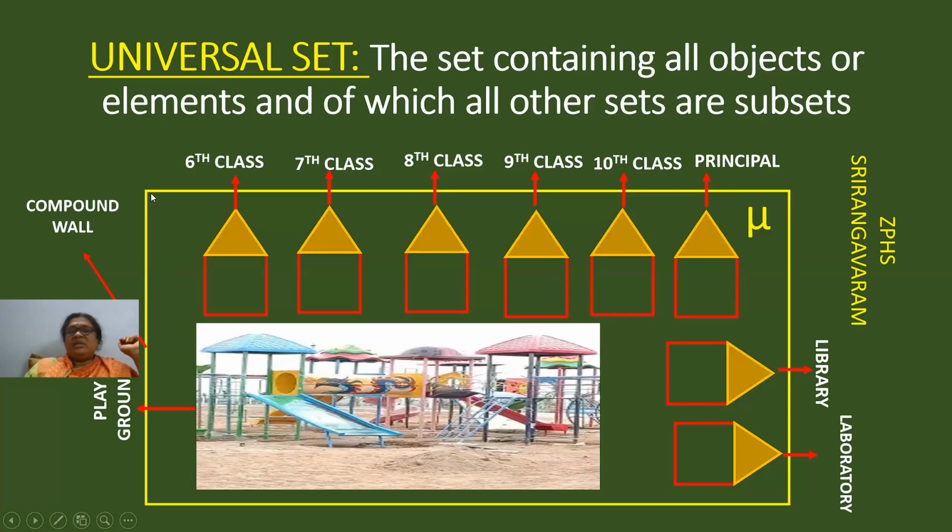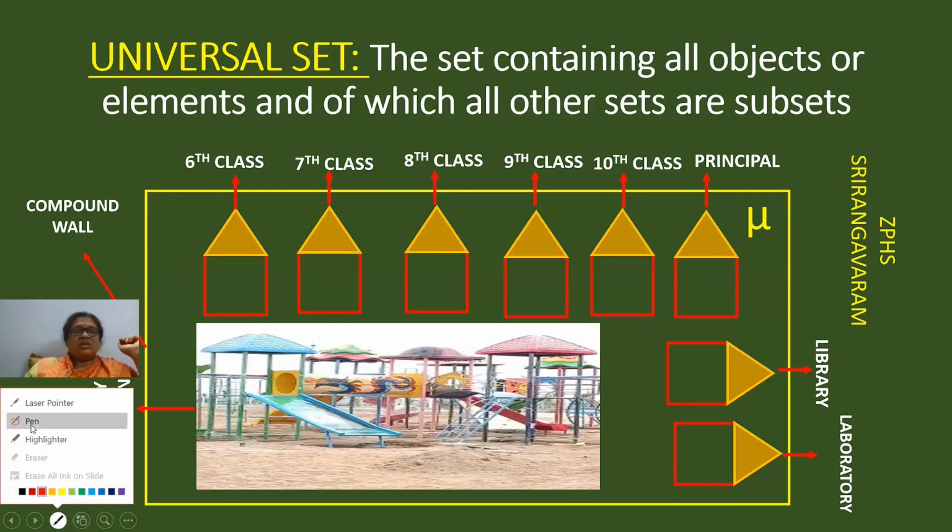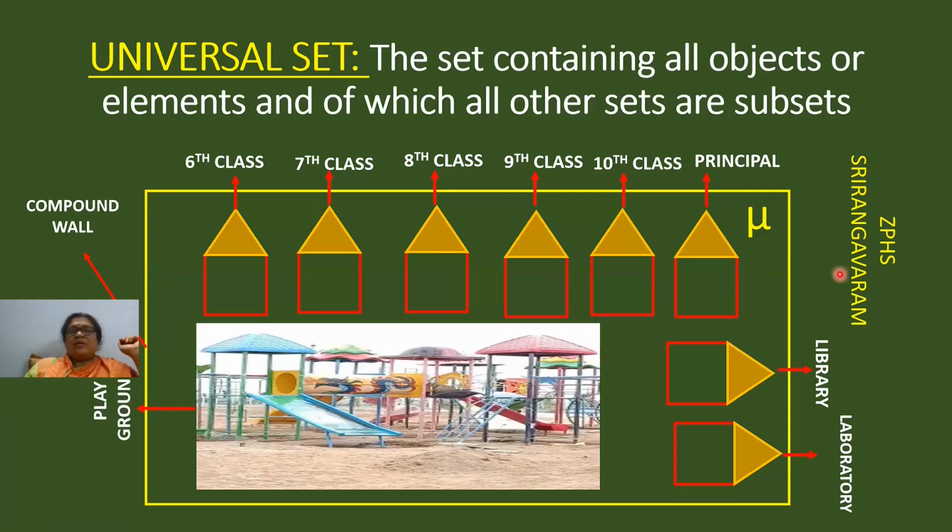So the rectangle is nothing but the universal set, and the universal set is denoted with an italic symbol, that is mu. Look at this. This is a universal set.